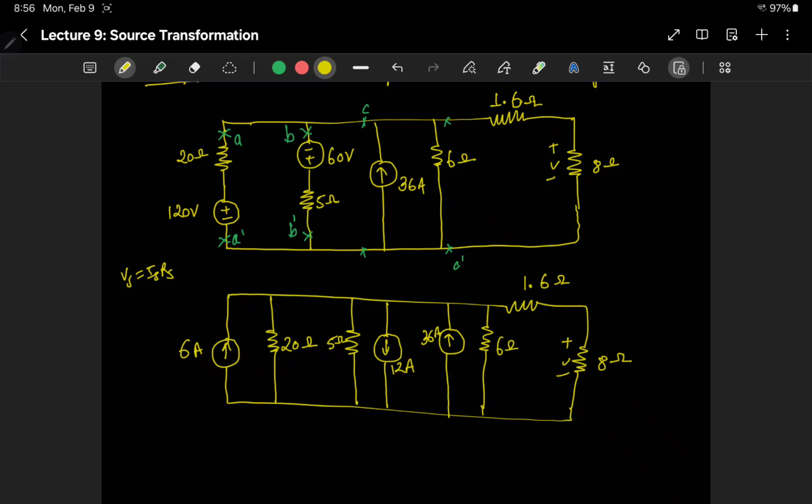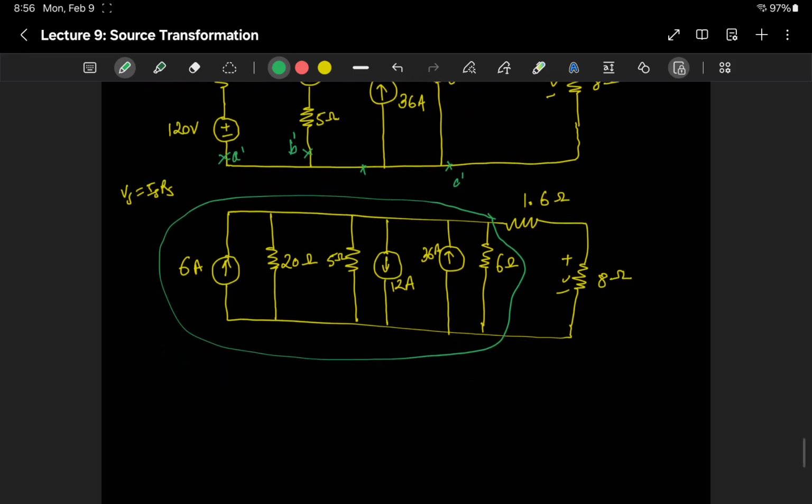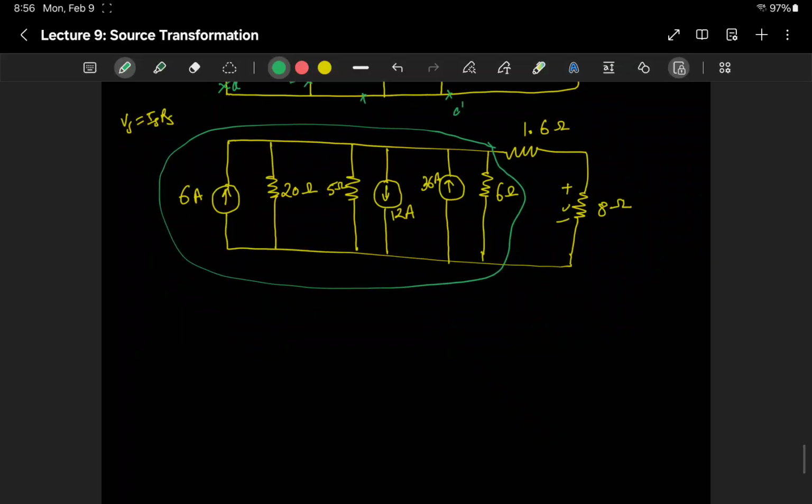current is down. Now we can see that this part of the circuit, highlighted here, has current sources and resistors in parallel, and we know that we can add up and find the equivalent current or resistor in this case.